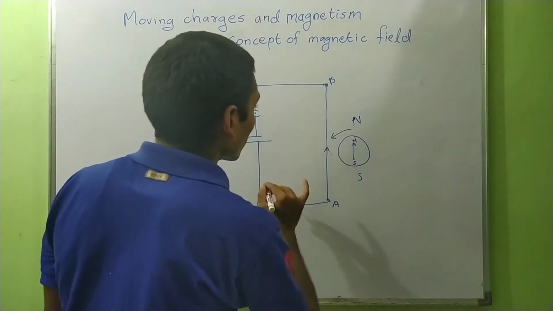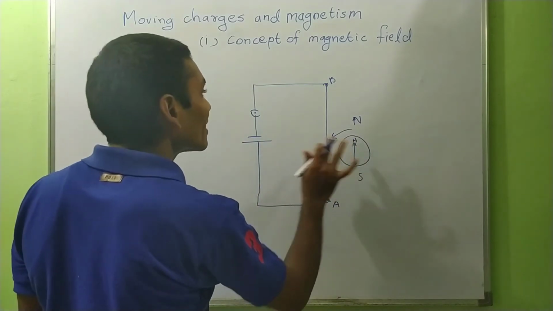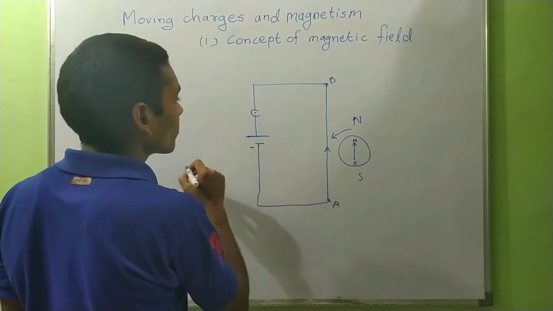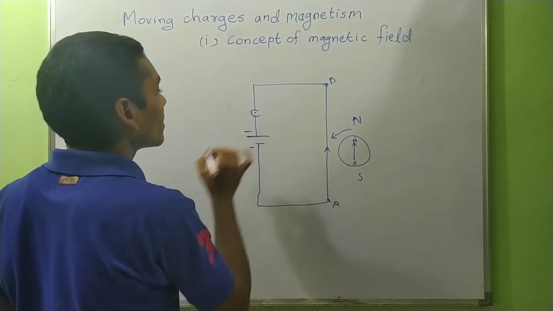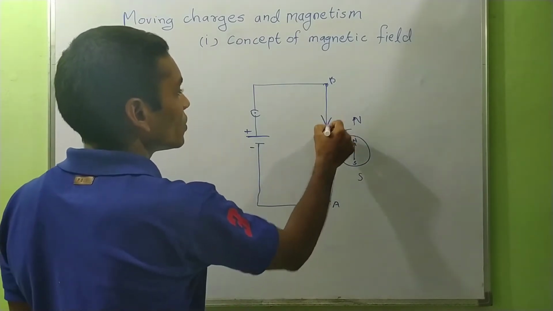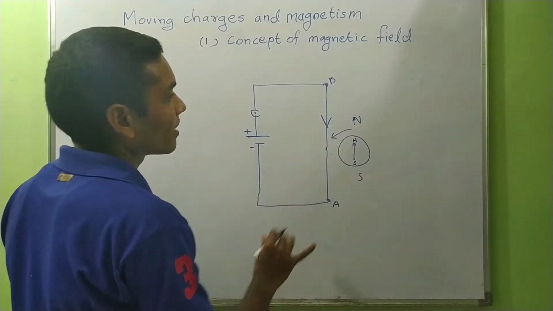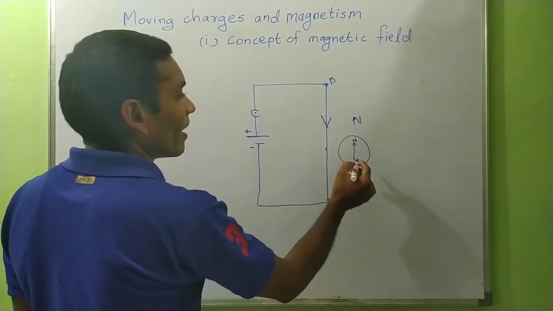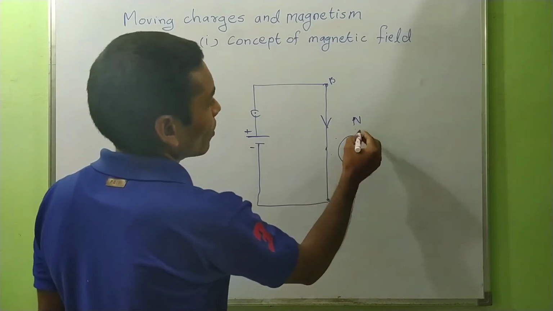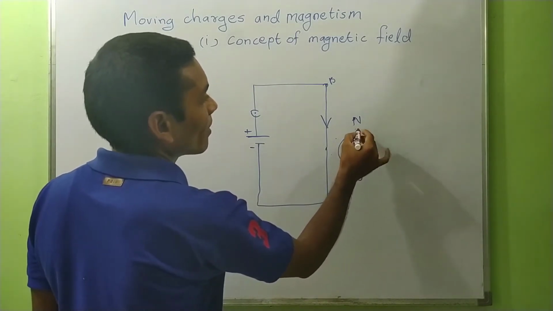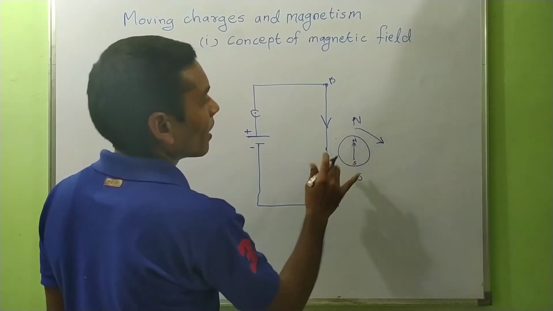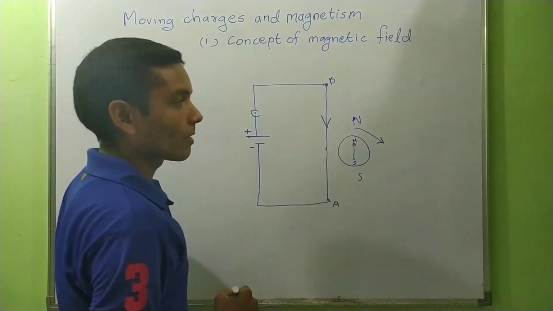If the direction of current is changed, means if this is the negative terminal and this is the positive terminal, then the direction of current will be changed. In this condition, the north pole of the magnetic needle will deflect away from the conductor.